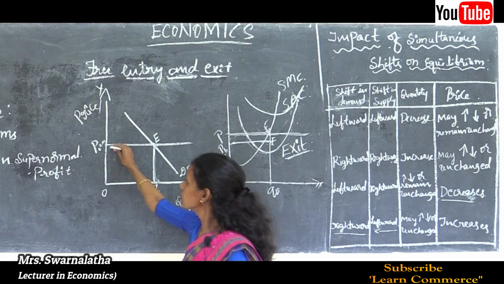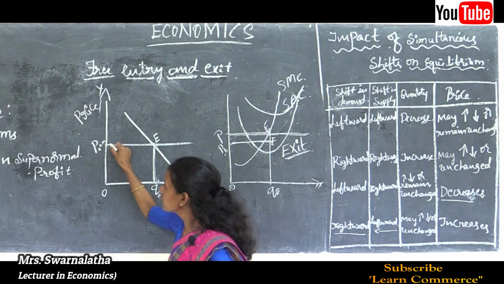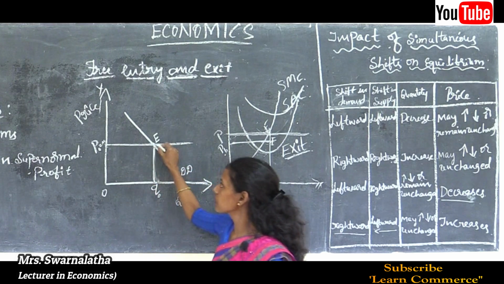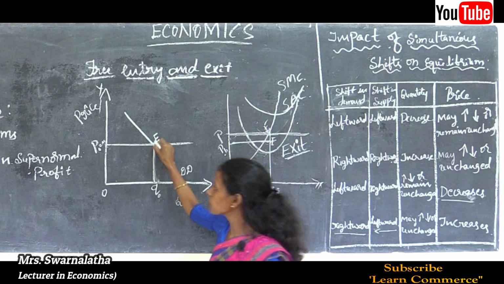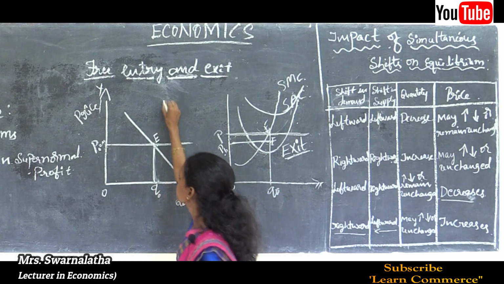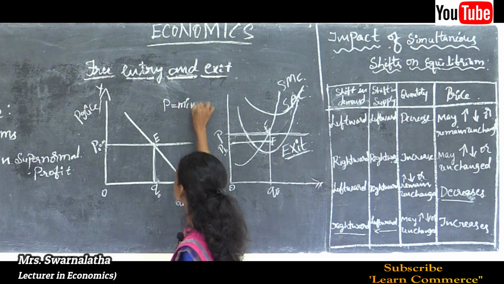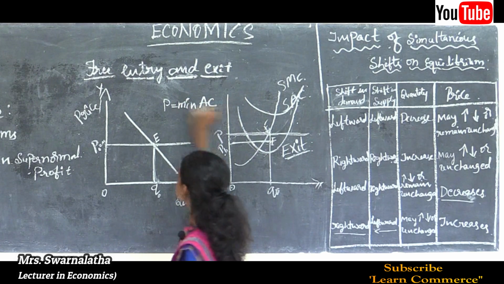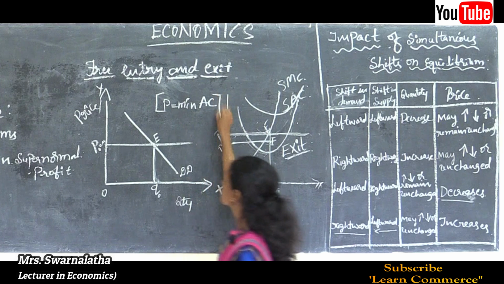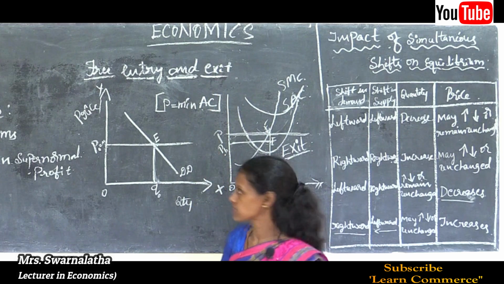Thus, the figure explains that the perfectly competitive market is in equilibrium only when price is equal to the minimum average cost. Price must be equal to minimum AC. Minimum AC means minimum average cost.